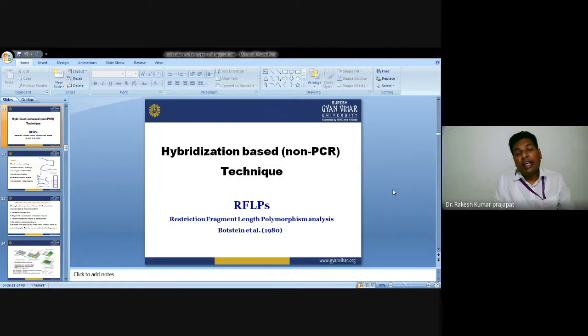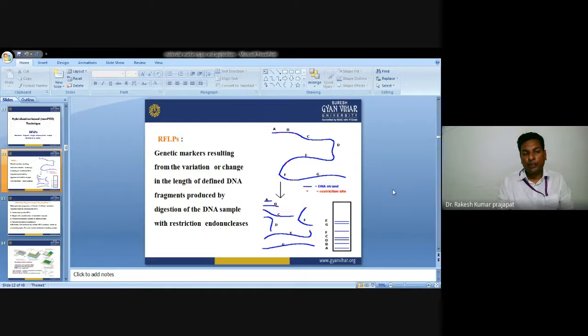Now, hybridization-based or non-PCR-based techniques of molecular markers, that is RFLP. RFLP stands for restriction fragment length polymorphism. RFLP is a genetic marker resulting from variations in the length of defined DNA fragments produced by the digestion of a DNA sample.